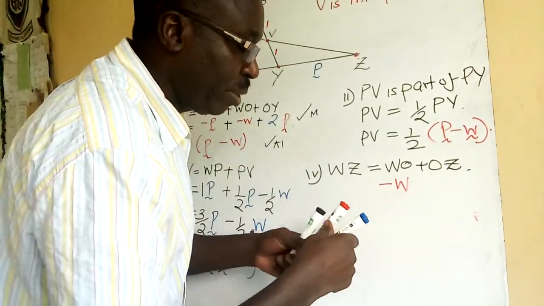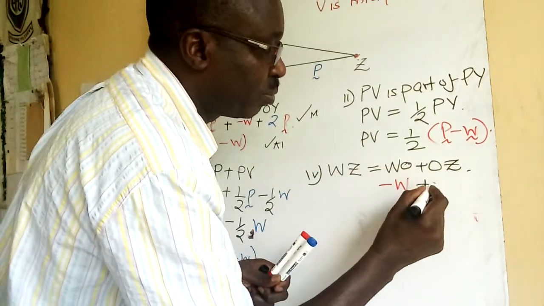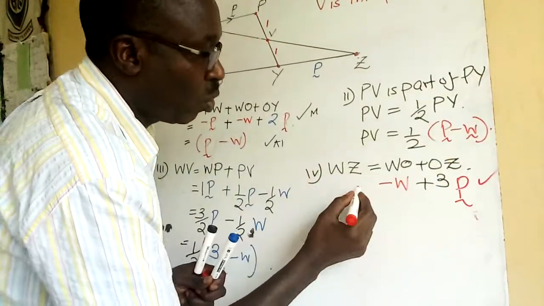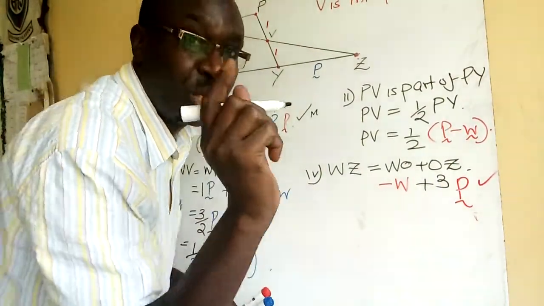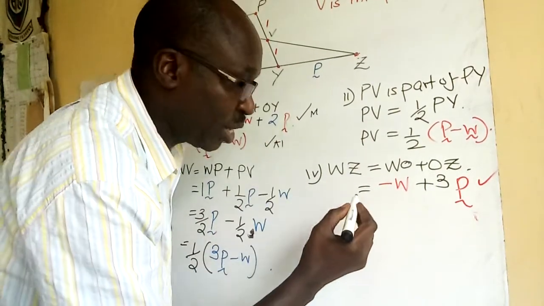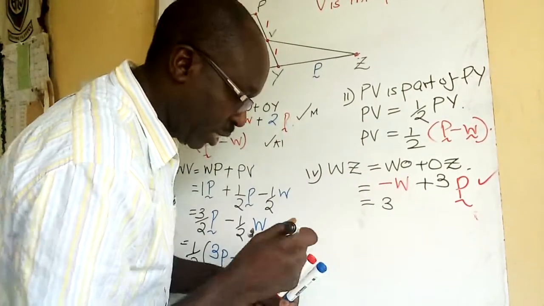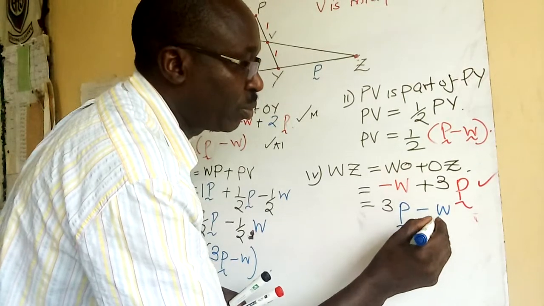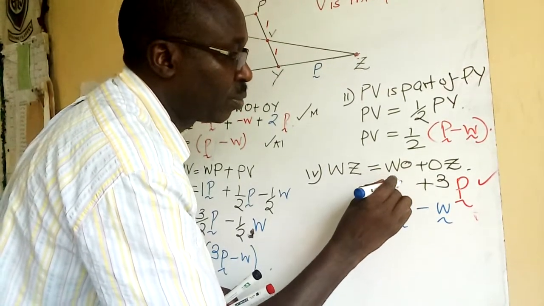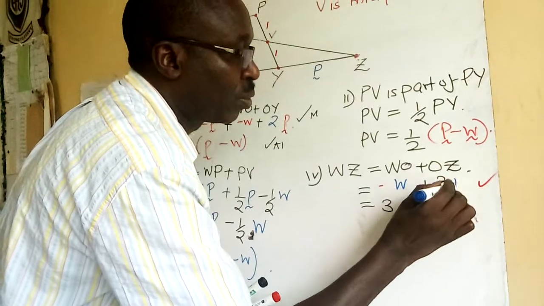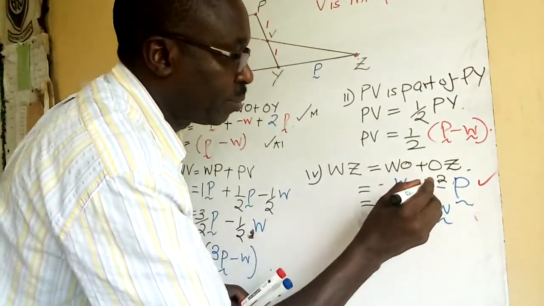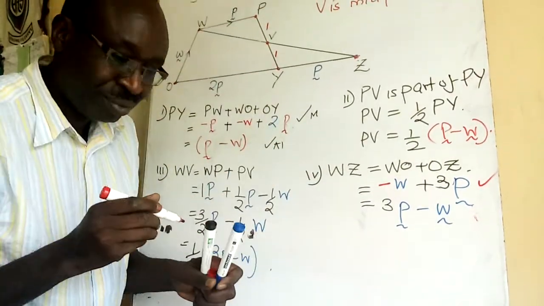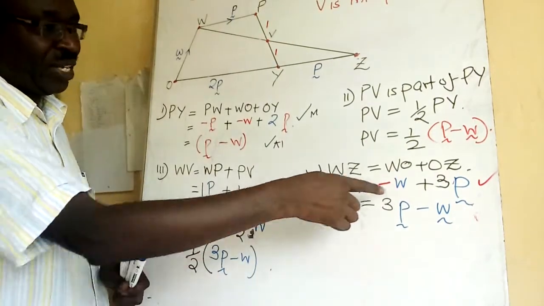So we say it is WO plus OZ, which is 3P minus W. Or you can put it the right way. You know, now you are mature in maths. So we say 3P minus W. This is the reverse.